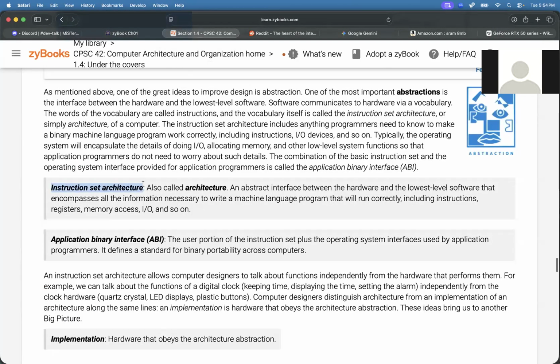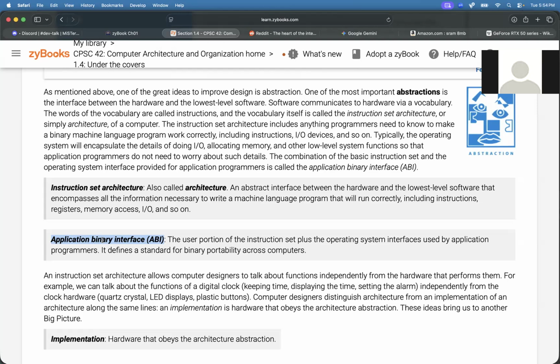Instruction set architecture. That's basically the way the processor works. Those are the instructions that the processor understands. And then there's something called an application binary interface, and that is how the operating system has defined how to have a program as a binary file. When you have an executable file, you have to follow the application binary interface in order for that program to work.